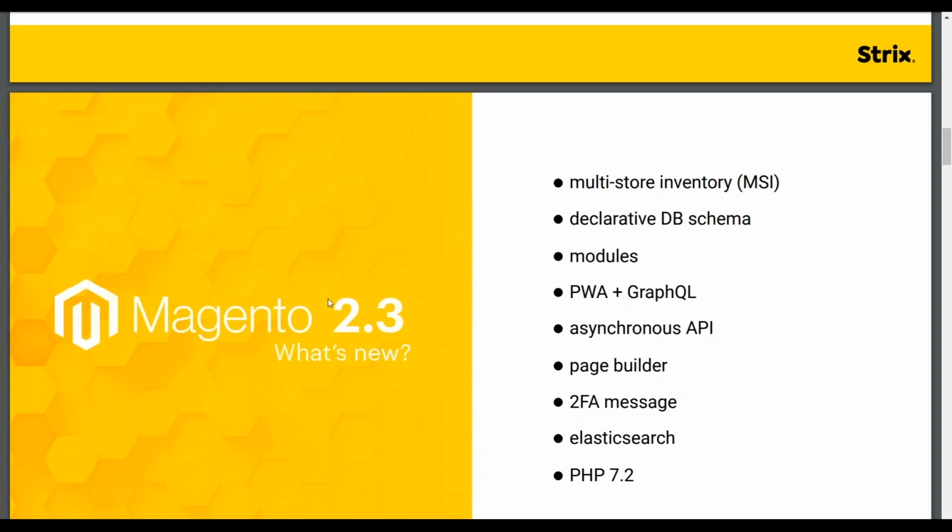So yeah, it's great. Next is Page Builder. Page Builder will be available only in the Commerce version of 2.3, and maybe it will be available on the Marketplace for open source implementation. This is the most anticipated feature in Magento.